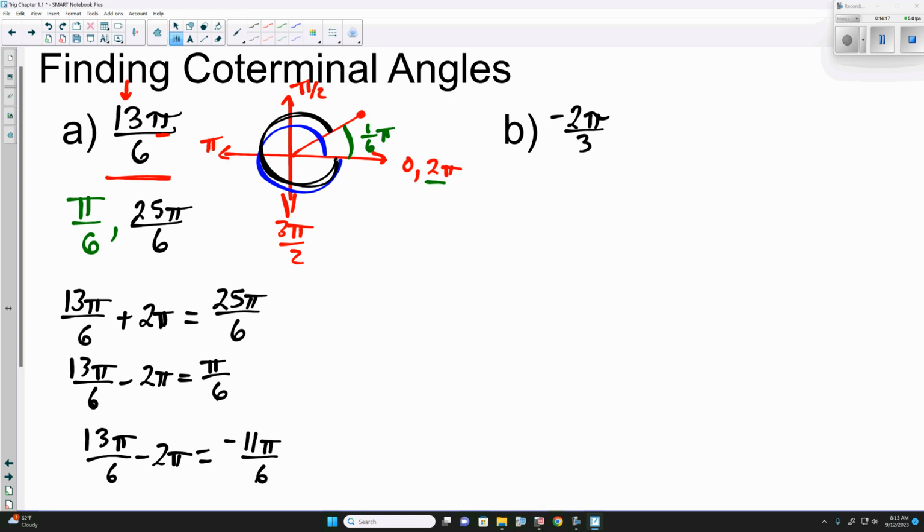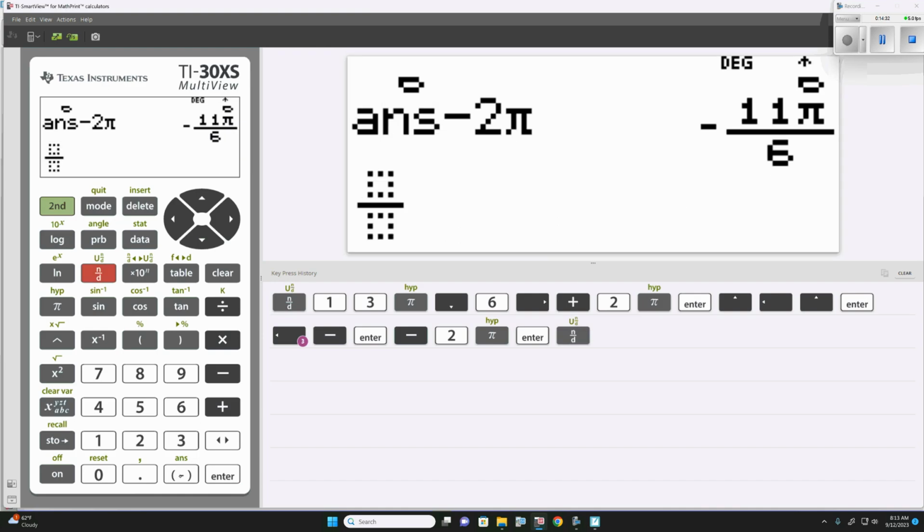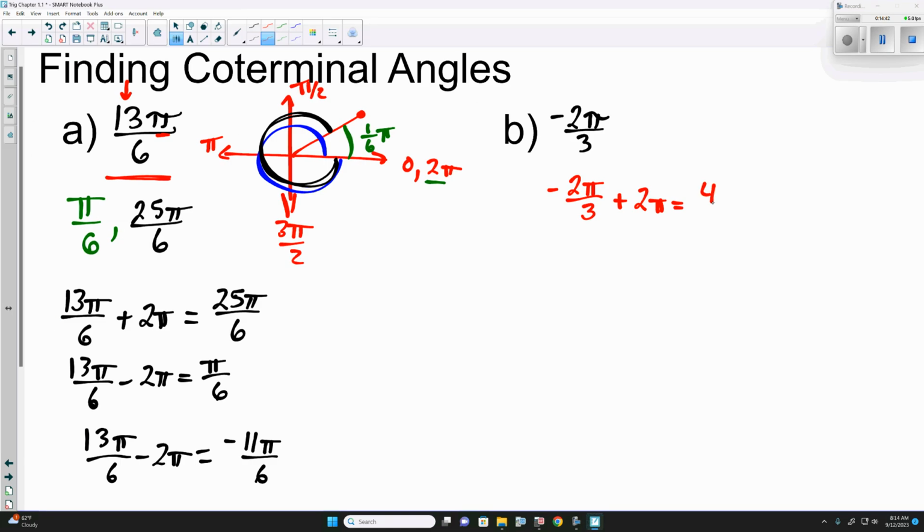So if we looked at the next one, negative 2 pi over 3, well, to find a coterminal angle, we can add 2 pi to it. In the calculator, we can say negative 2 pi over 3 plus 2 pi, which is 4 pi over 3.